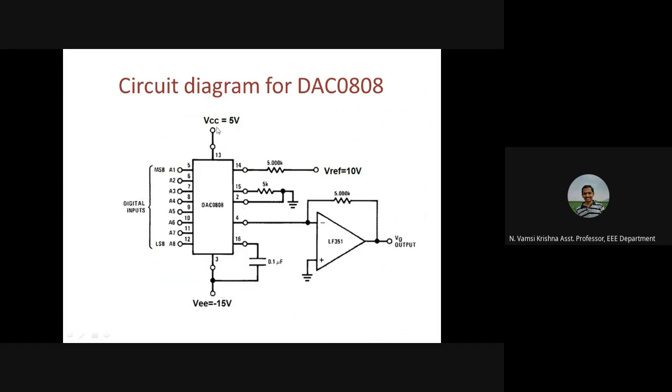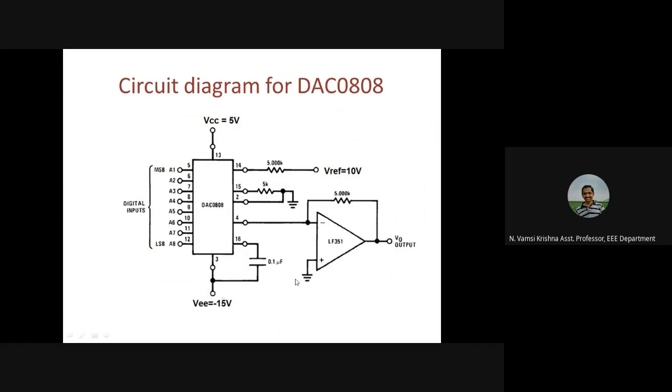Power supply is 5 volts at VCC, and the other is ground. V reference, in general, will be 10 volts. VEE, the negative power supply, is given as minus 15 volts, V reference plus is connected to this, and V reference minus will connect to ground. So these are the connections.